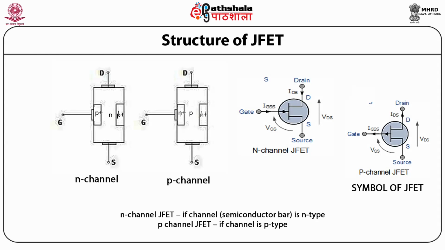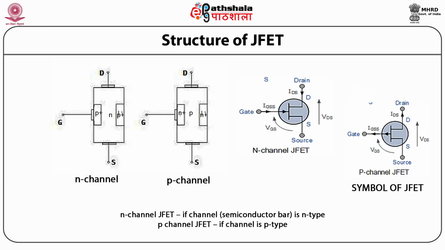As shown in this figure, you can see the structure and the symbol of N-channel and P-channel JFET. Here the PN junctions restrict the cross-sectional area of the channel. Because the transition region of a PN junction lacks mobile charge carriers, the width of the transition region depends upon the voltage applied to it.